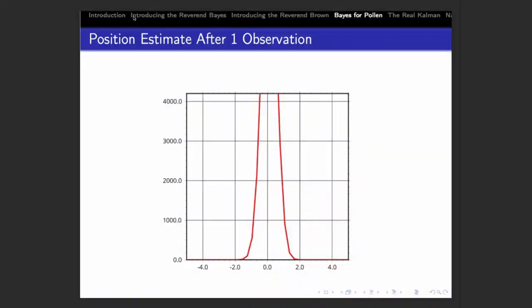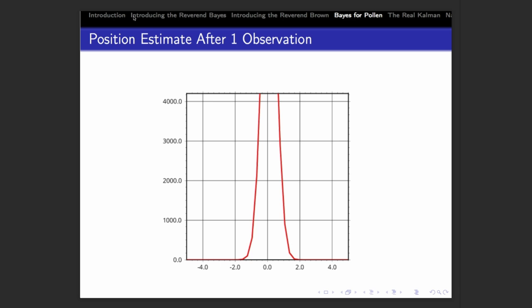So here's our estimate for the position after one observation. You can see now we think the position, well, actually it's hard to see on here, and I'll prove that it really has moved forward a tiny bit. My time step was about 0.1 second, I think. So now we're really certain where the particle is.